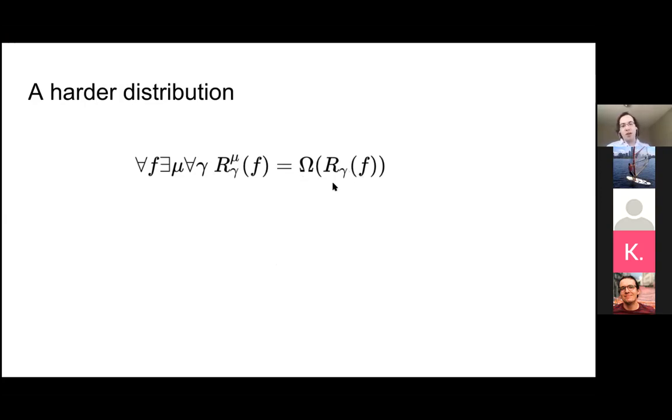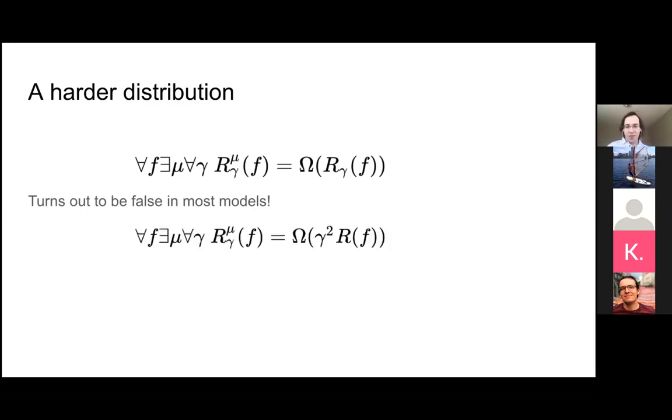But note that the quantifiers are exchanged compared to the regular Yao's Minimax. So we want here: there exists mu such that for all bias levels this holds. Unfortunately, this statement turns out to be false. It's not too hard to show in pretty much any model that interests you that this just won't be true.